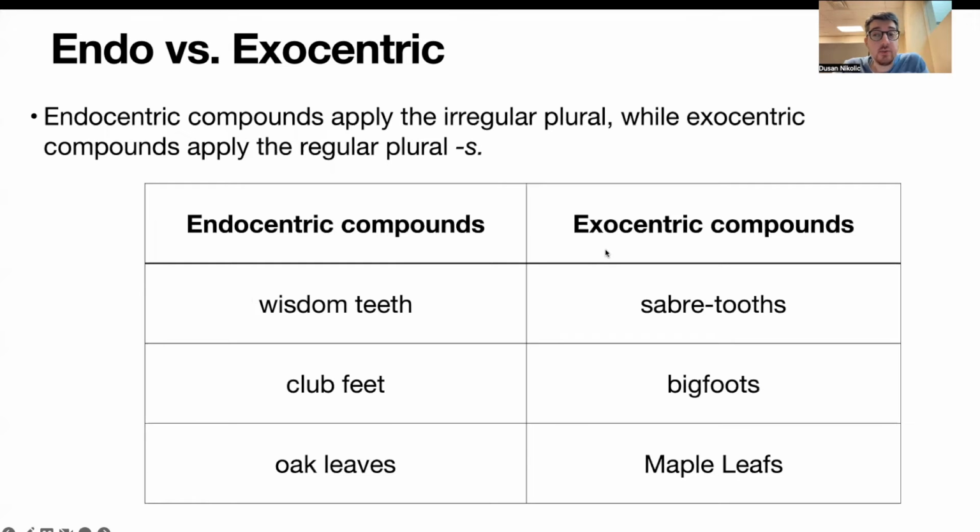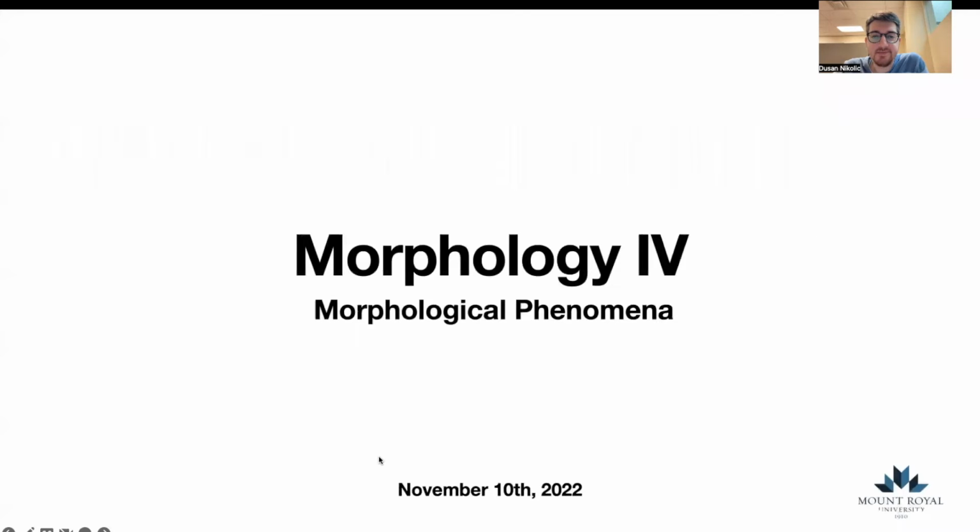But for exocentric compounds, you can have saber tooths, right? Bigfoots, maple leafs. Now you know. When somebody asks you at a party, why is it maple leafs, not maple leaves? Well, you'll tell them it's an exocentric compound, right? And that's it about compounding.